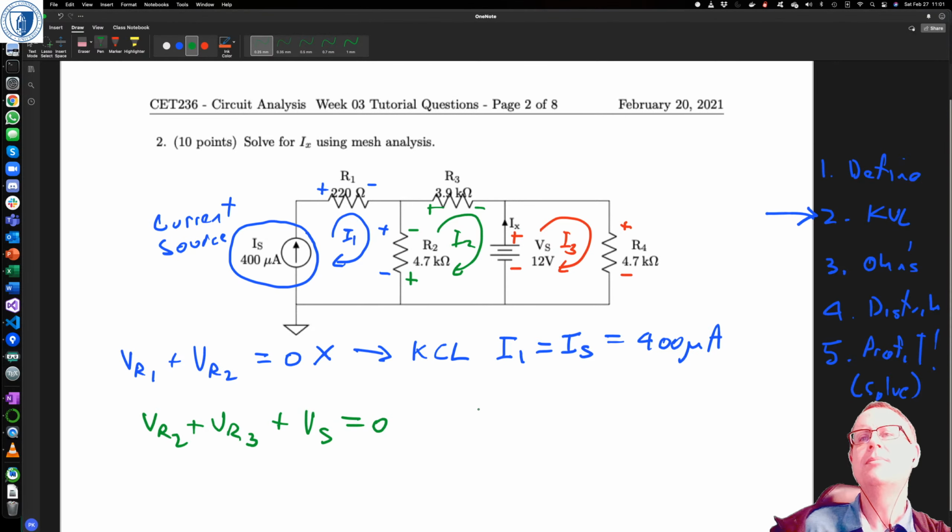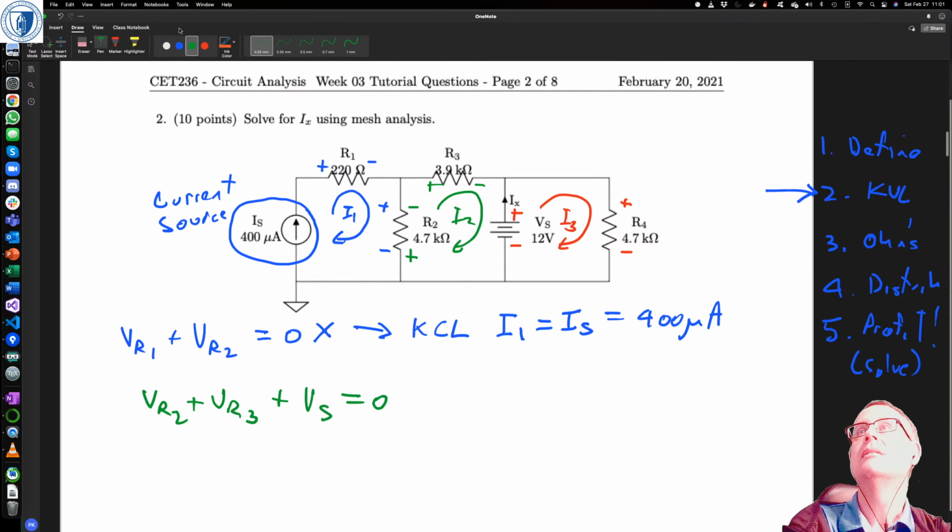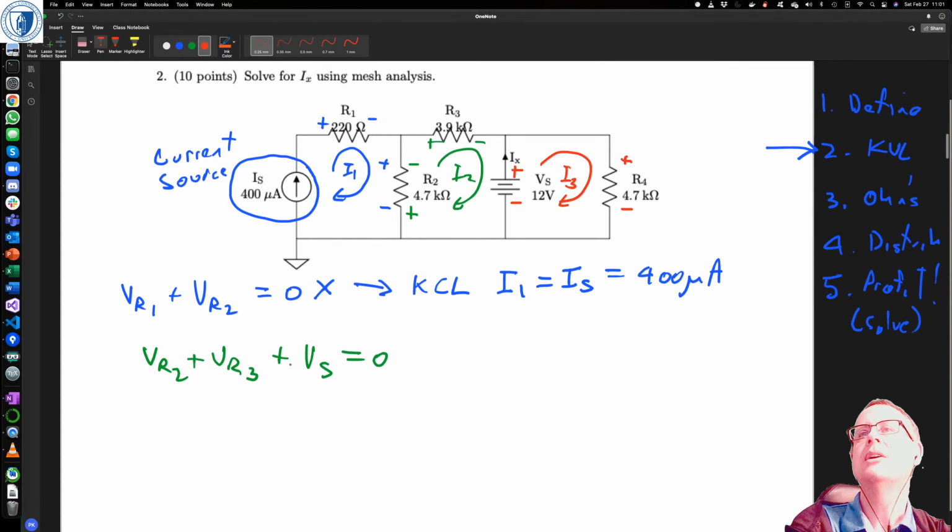Yep, that's right. Okay, and then the I3 equation. It's minus Vs plus VR4 is equal to 0. Exactly.